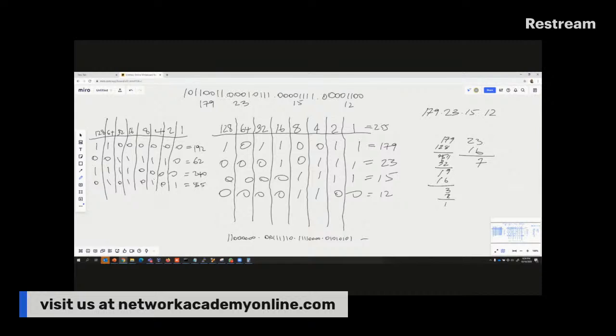So the decimal equivalent is 192.62.240.85. And that's how you convert from binary to decimal, and from decimal to binary. That's how you do it, my friends.